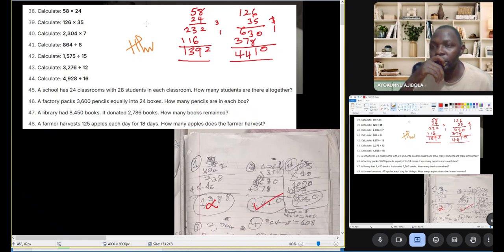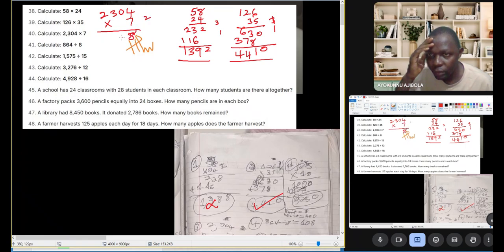Then the next one is 2304 times 7. 7 times 4, 28, 7 times 0, 7 times 3, 21, 7 times 2, 14, so 16,128. Wait a minute, did you do the 2304 times 7?